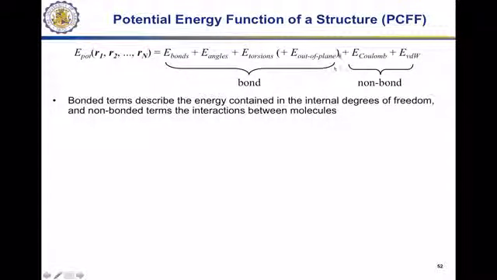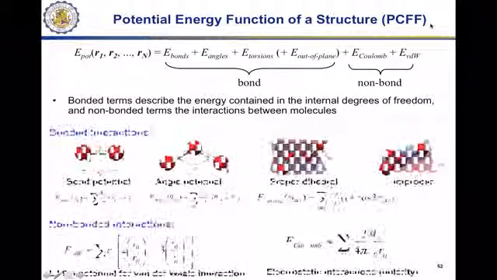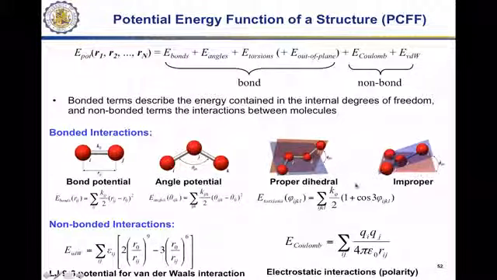Then we have, for example, here in PCFF, this energy expression with bonds, angles, and then non-bond interactions. For the minerals, we need most of the time bonds and angles. We don't need those types of terms. Sometimes when the bonding is more ionic than covalent, then we also don't have bonds and angles, and we would just have van der Waals and Coulomb interactions.